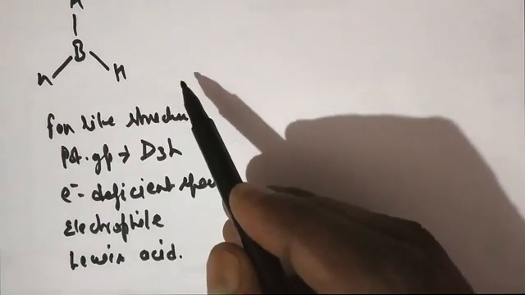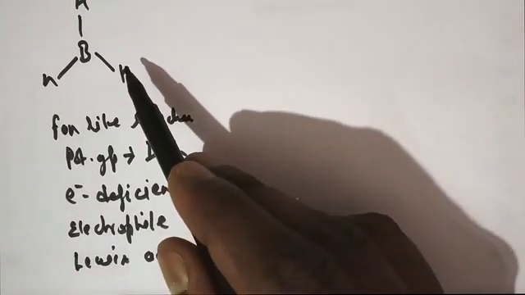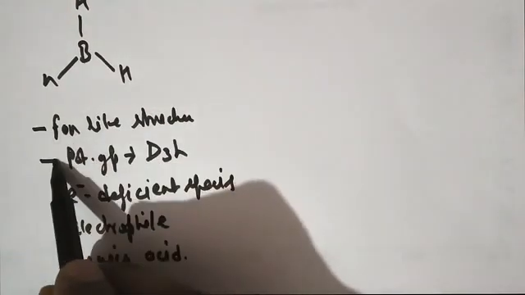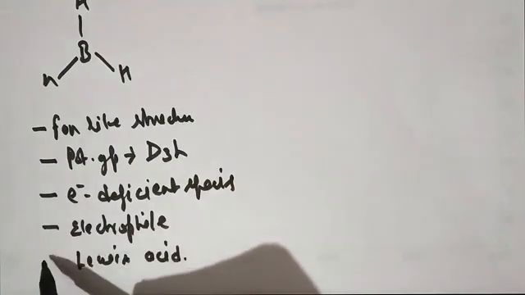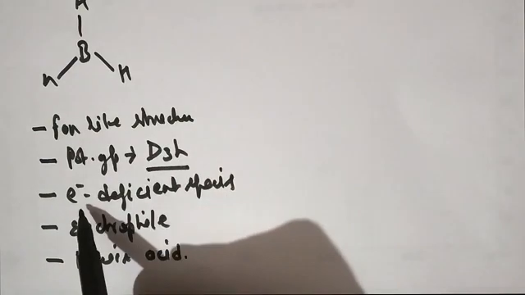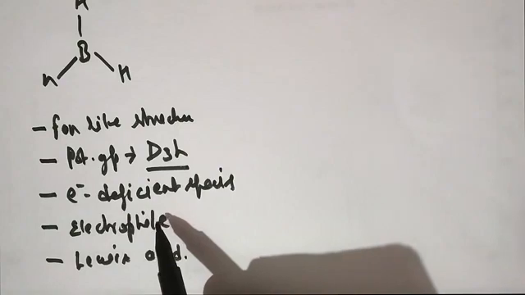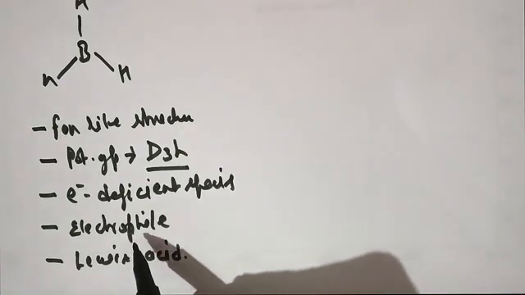So if we have a simple structure like BH3, these are the basic properties it has. Basically, its structure is fan-like, its point group is D3h, and its nature is electron deficient, so it will act as an electrophile. All these types of molecules come under the category of Lewis acids because of their electron deficient nature.